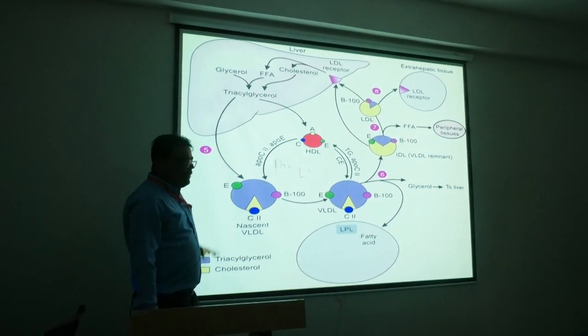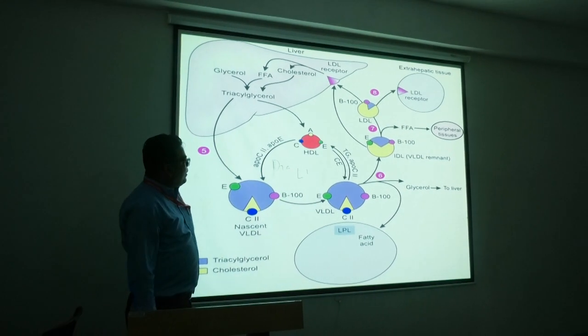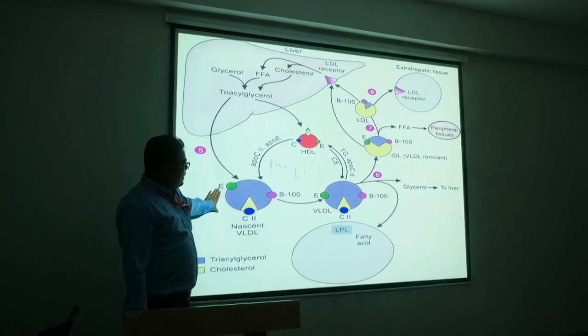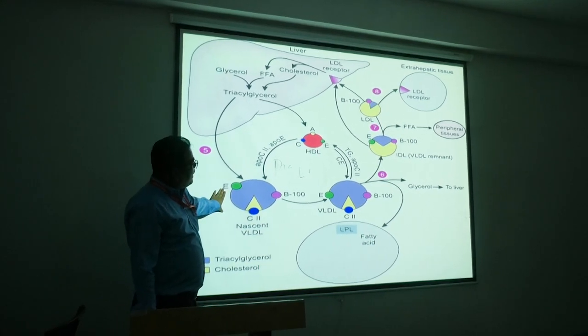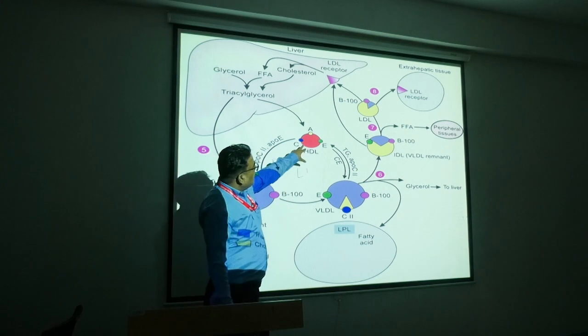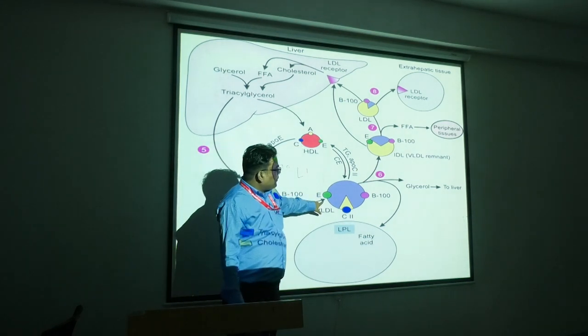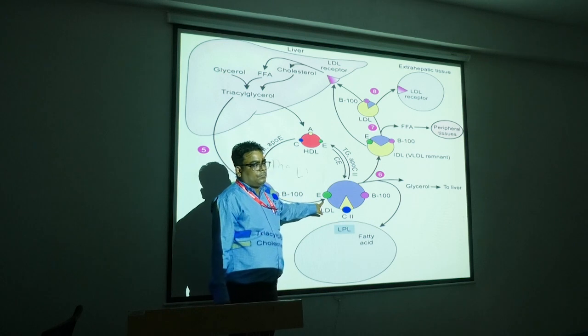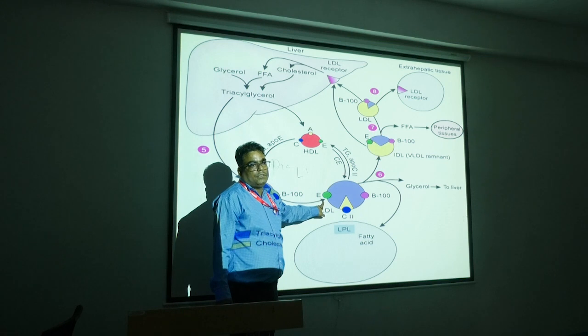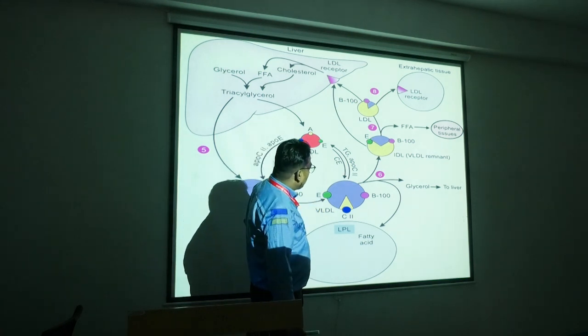Why do I call it nascent VLDL? Because it is not mature, it is a new molecule. By taking the apoprotein from these molecules, it becomes mature. Mature means attachment of the protein. Okay?